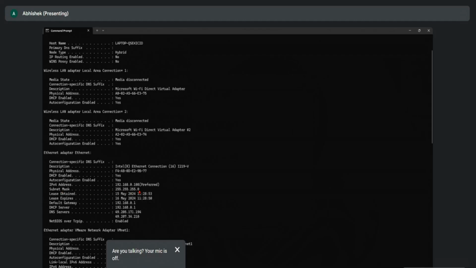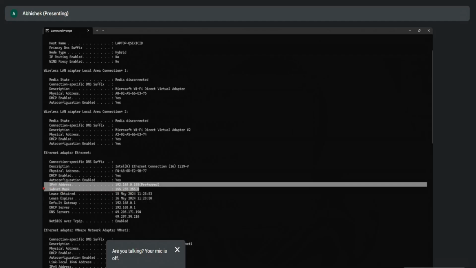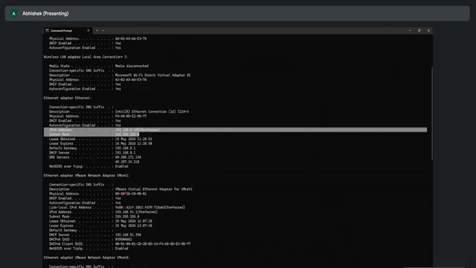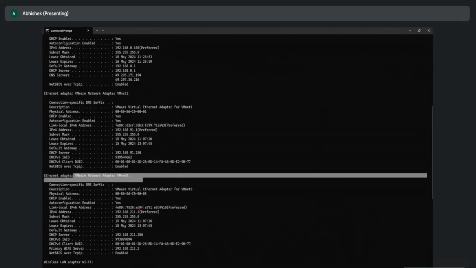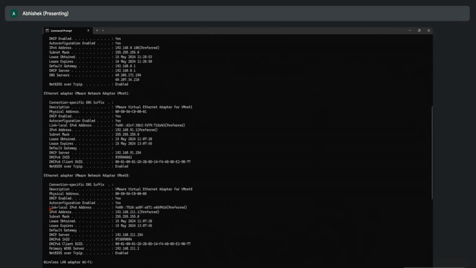So the reason I brought you here is to show you the subnet mask and how the IPv4 address is structured. Right. I don't have an IPv6 address assigned, but my virtual machine adapter has IPv6 here. You can see the link-local IPv6 address here. So my virtual machine has an IPv6 address here, which is in hexadecimal format as we just discussed.